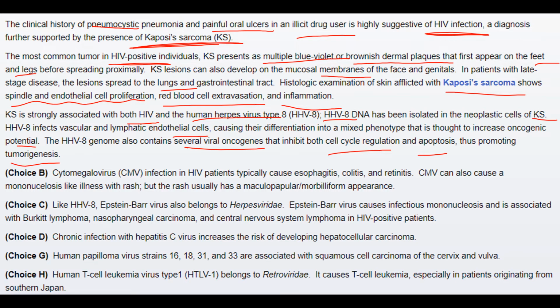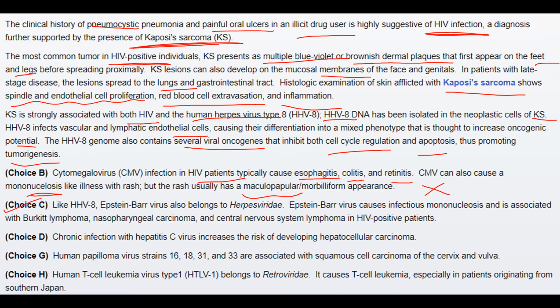Other options were incorrect. As in choice B, cytomegalovirus infection in HIV patients typically causes esophagitis, colitis, and retinitis. CMV can also cause a mononucleosis-like illness with rash, but the rash usually has a maculopapular or morbilliform appearance and not the blue-violet appearance, and hence it was not appropriate.